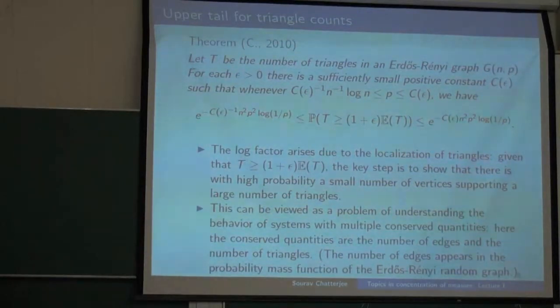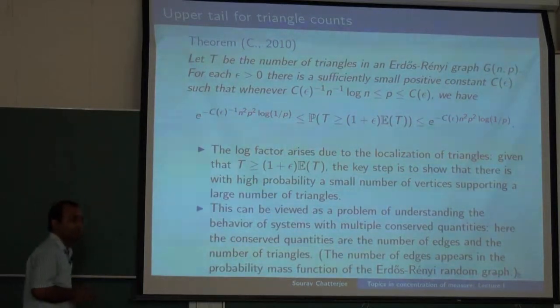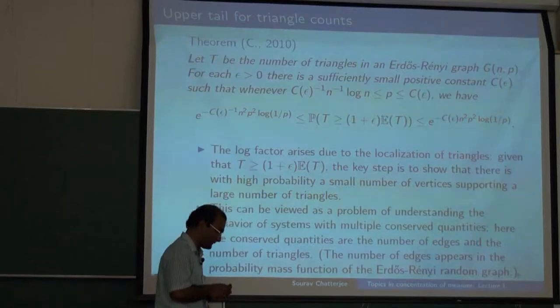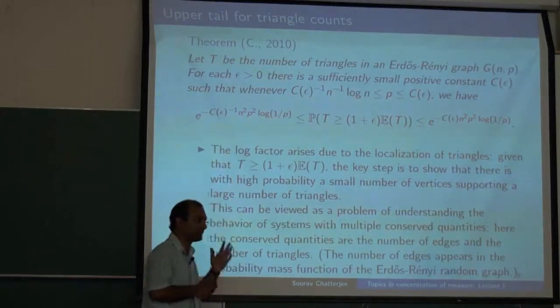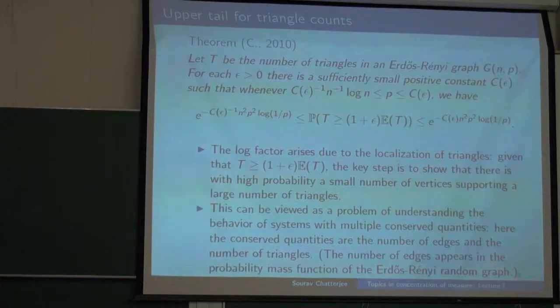So basically, you try to count the number of graphs with a given number of edges and a given number of triangles. That's sort of how it goes. And again, this exhibits localization. That's why this log factor comes in. This is just one other piece of motivation for studying these localization phenomena.